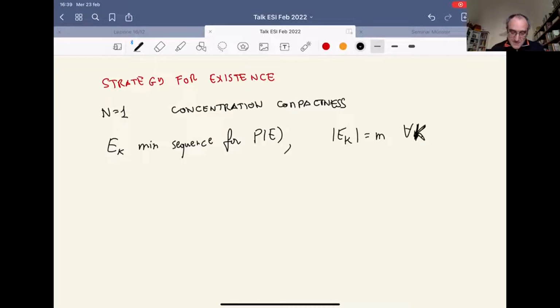You then want to pass to the limit in the minimizing sequence using the semicontinuity of the perimeter. The problem is that R^d is not compact, and therefore you can lose some mass at infinity, and in the end you will find a minimizer, but you can lose the volume constraint. So the point is to use a compactness theorem in R^d for the perimeter.